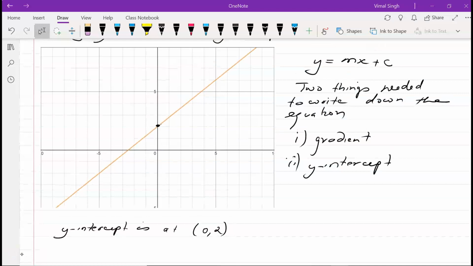The gradient can be worked out from this point over here, and we will just go across that direction and then go vertically up to this point over here. So we have gone across 1, 2, 3, 4, 5 units this way, and then 4 units up.